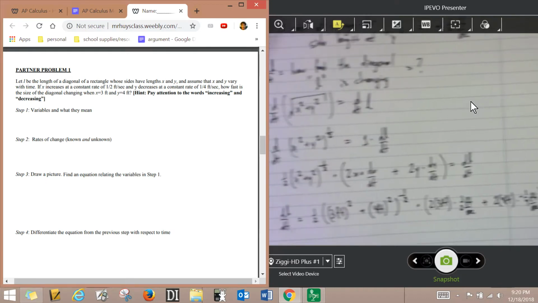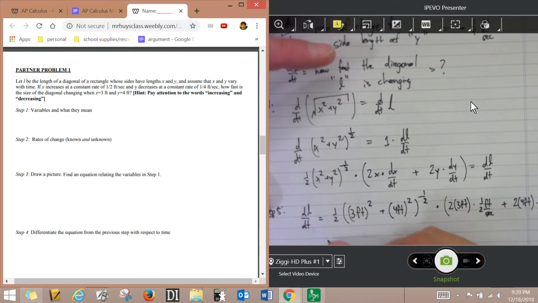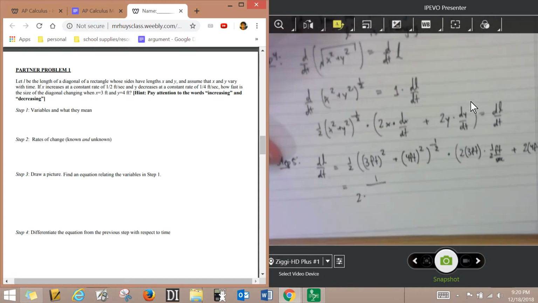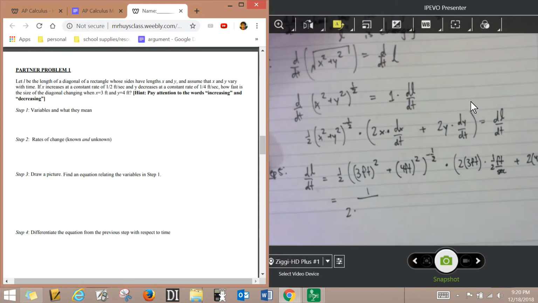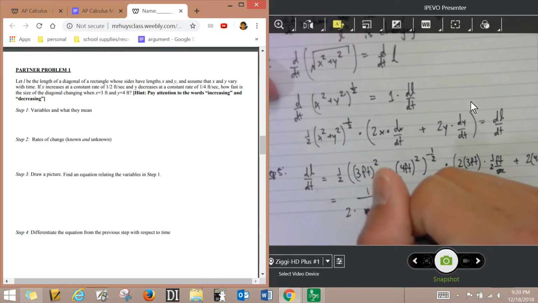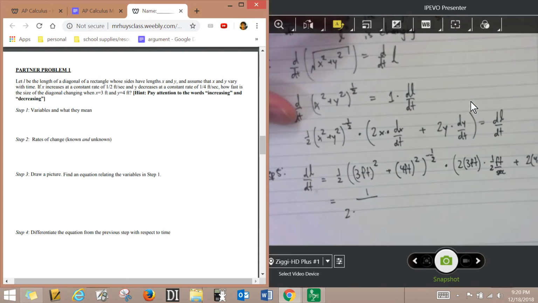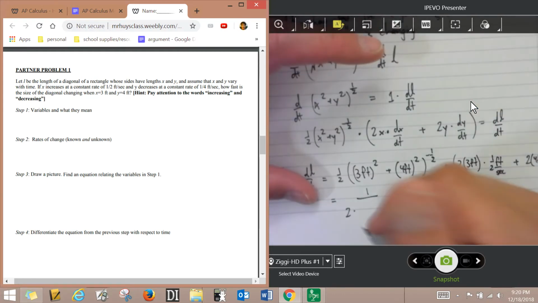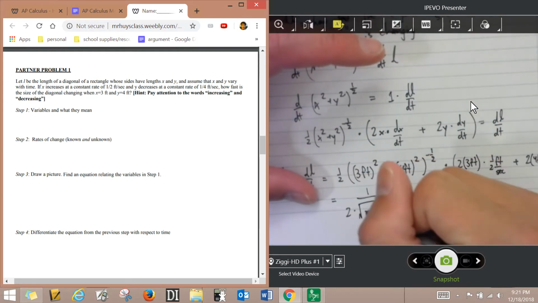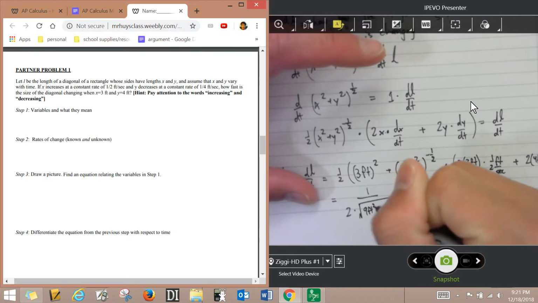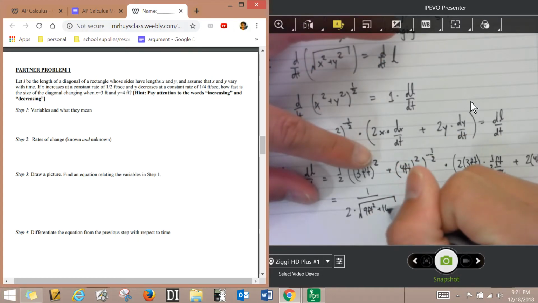Now let's do some math here. So technically I got 1 over 2 times the square root of 9 feet squared plus 16 foot squared.